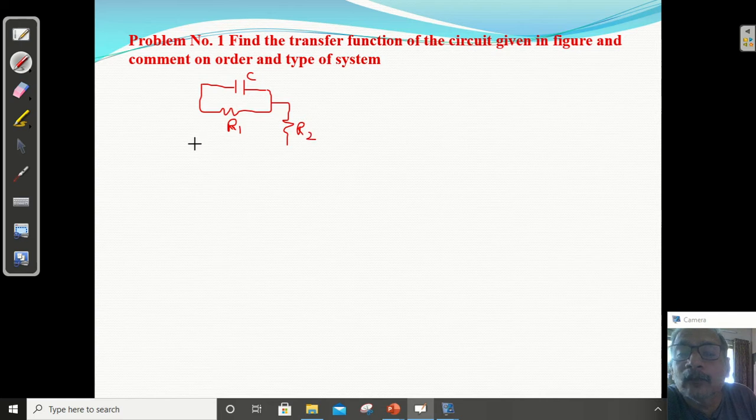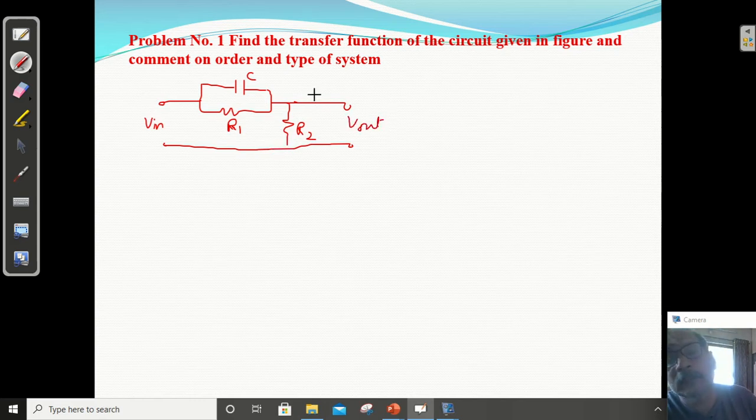This is R2. This is V in, and this is V out. So I have given: find the transfer function, right?